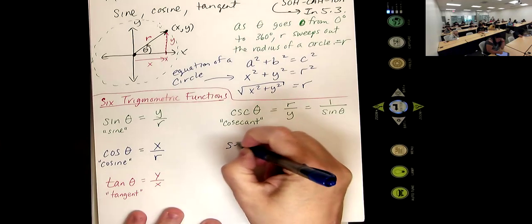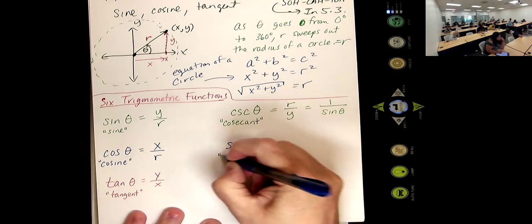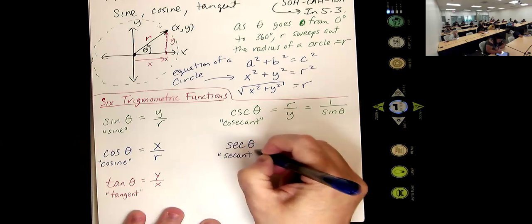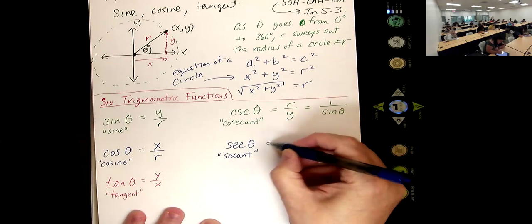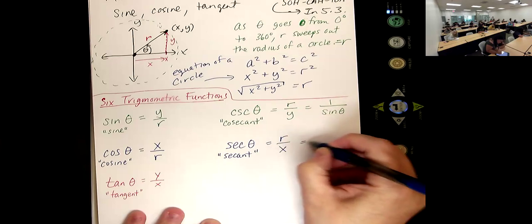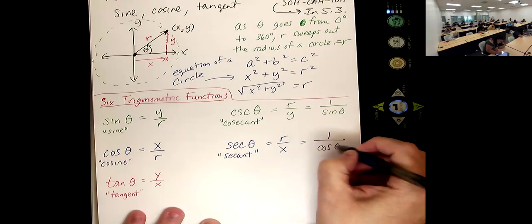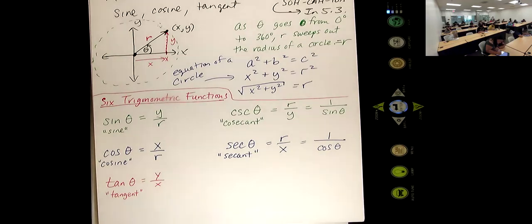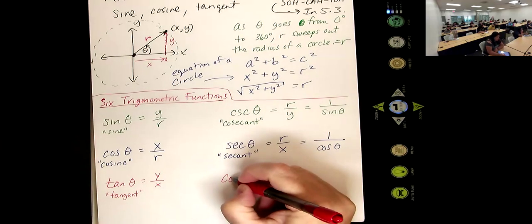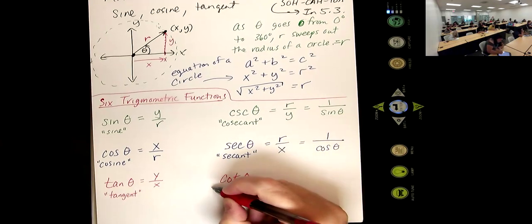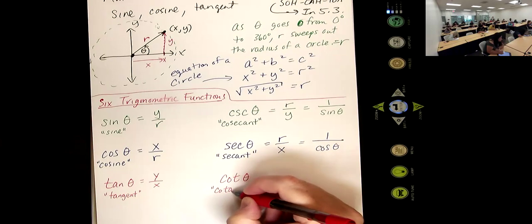Then we have SEC theta, pronounced secant. And this is r over x, which is 1 over cosine theta. And finally, we have cotangent, which looks like cot. Cotangent.